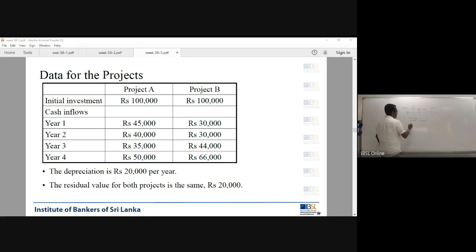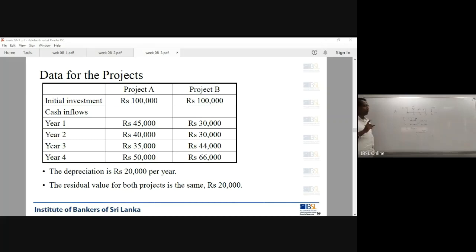At the end of Y2, you have another 40,000 cash in. So you have 15,000 negative. Y3, the third year, you have a 35,000 cash flow. That means for a 12 month period, you are earning 35,000.